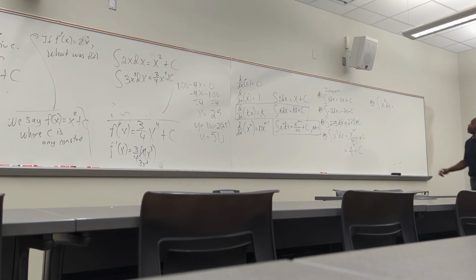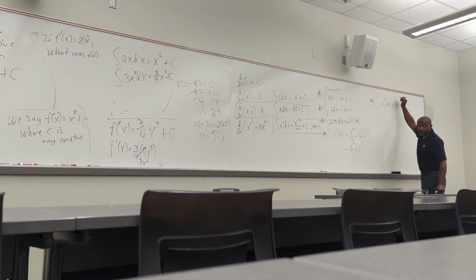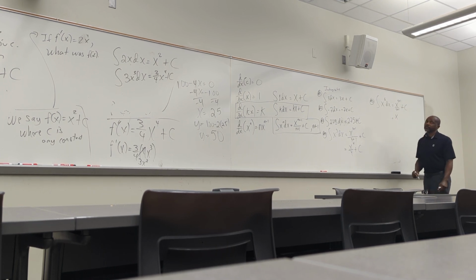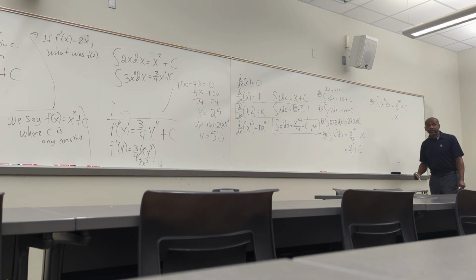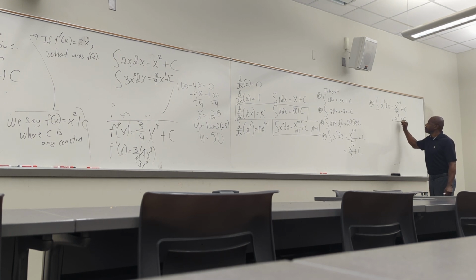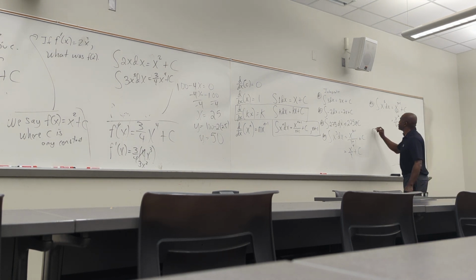X to the 5 plus 1, over 5 plus 1, plus C. And what do you get, Mr. Harris? X to the 6 over 6 plus C. Are you good?